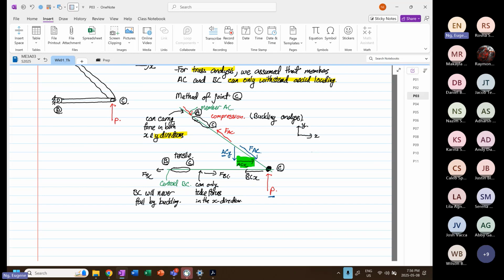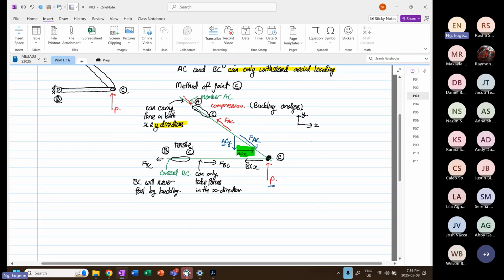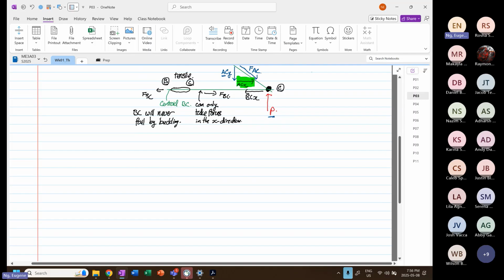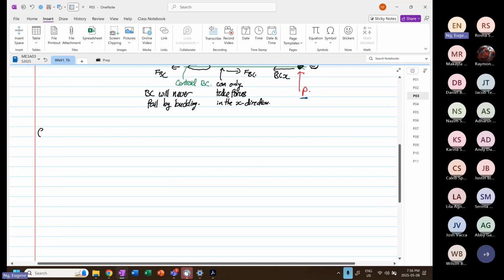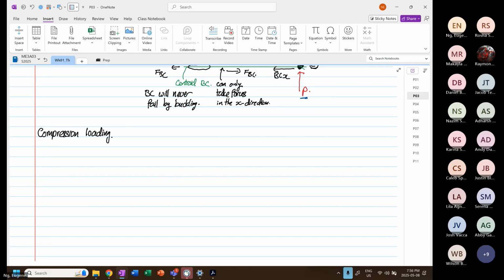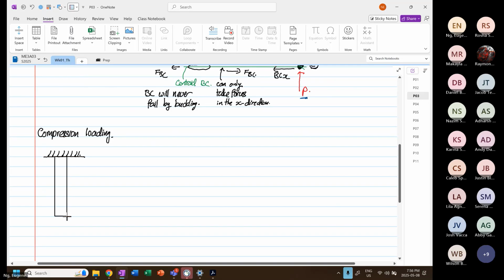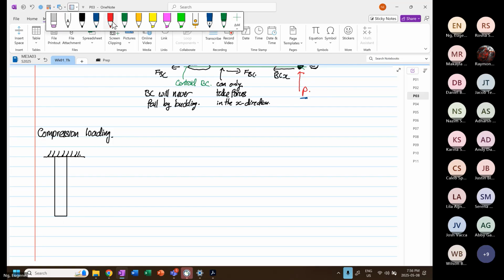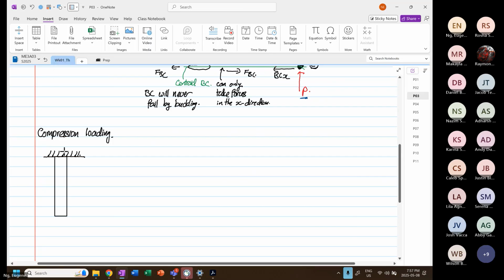Now, the next thing we're going to do is look at the deformation pattern in compression loading. Let's focus on compression loading. If we have a structure, whenever I draw a line, this is our centroid.